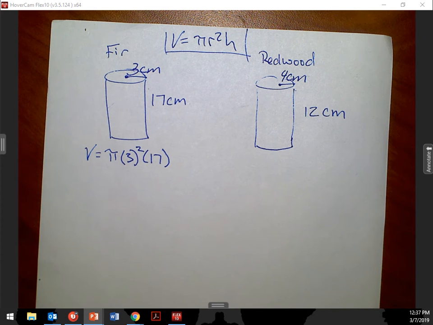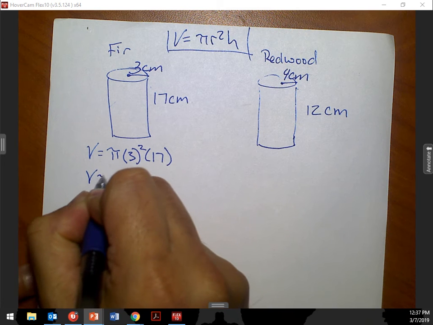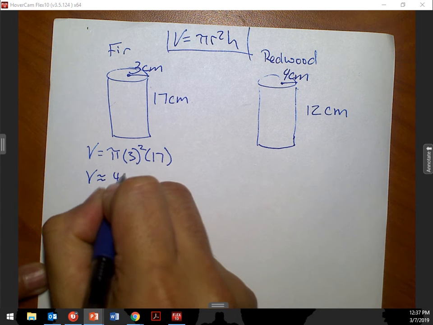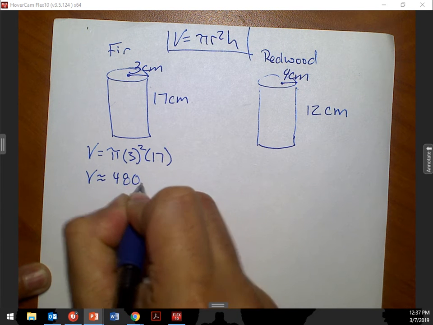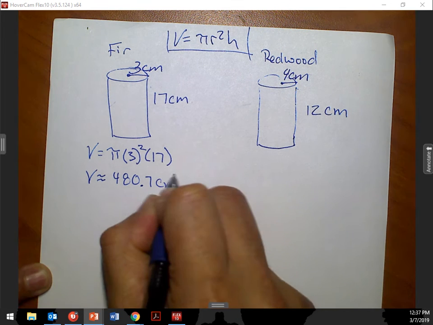Now in your calculator, you guys are doing it with the pi in there also. 480.7. I heard you. I'm just putting it in myself. So volume is going to be about 480.7. What are my units? Centimeters cubed. Very good, centimeters cubed.